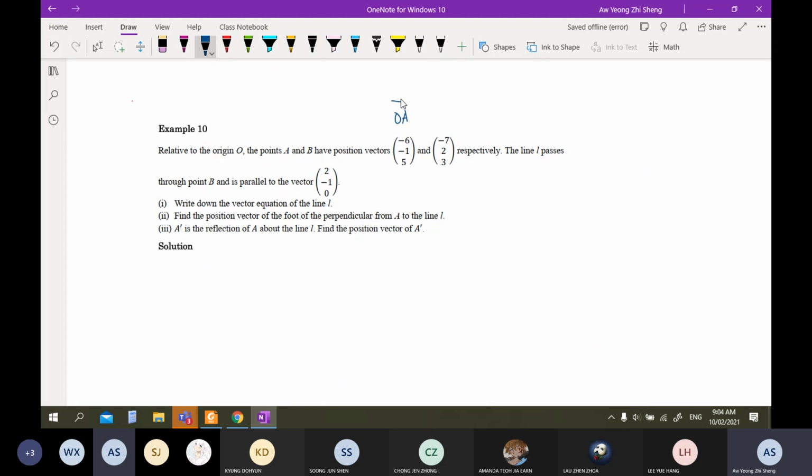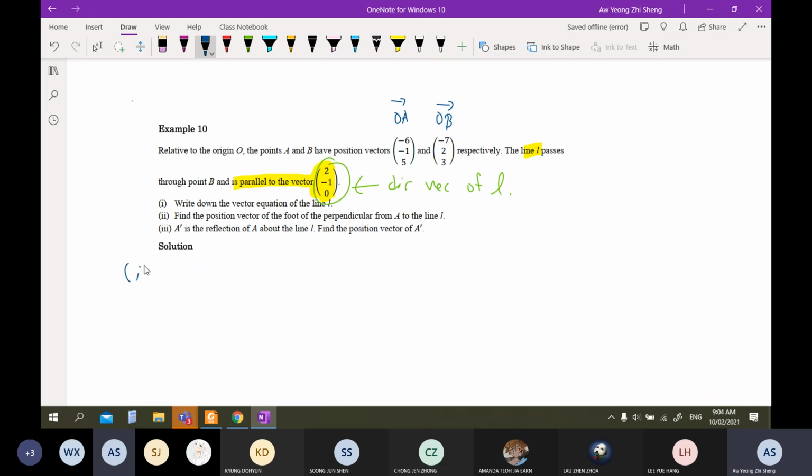So you're given this is vector OA, this is vector OB. The line L passes through point B, parallel to this vector. By saying that the line L is parallel to this vector, that means this vector can be taken as the direction vector of L. Write down the vector equation of line L.